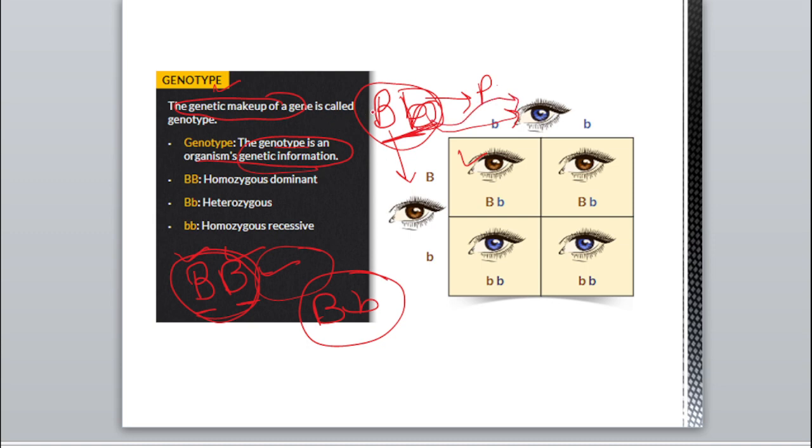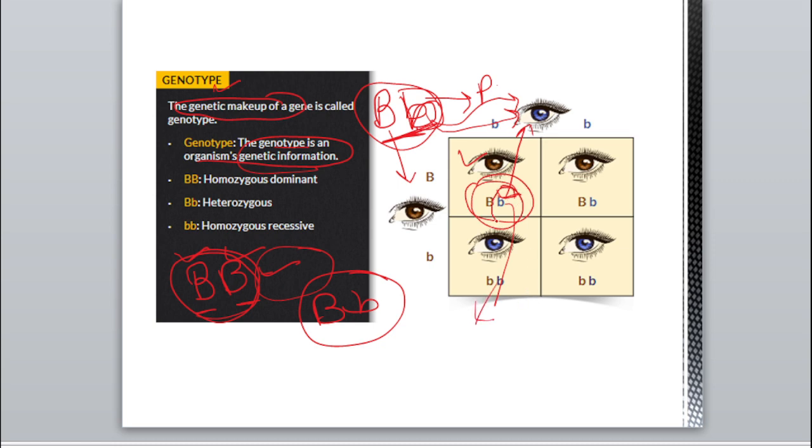So genetic makeup tells us in detail. In phenotype we can just see that it is brown color, but it is having a recessive allele, that is the allele for blue color eye, that can pass from this generation to the next coming generation.